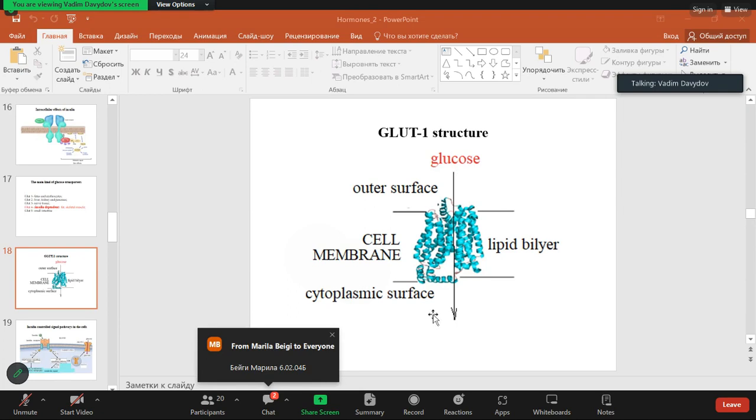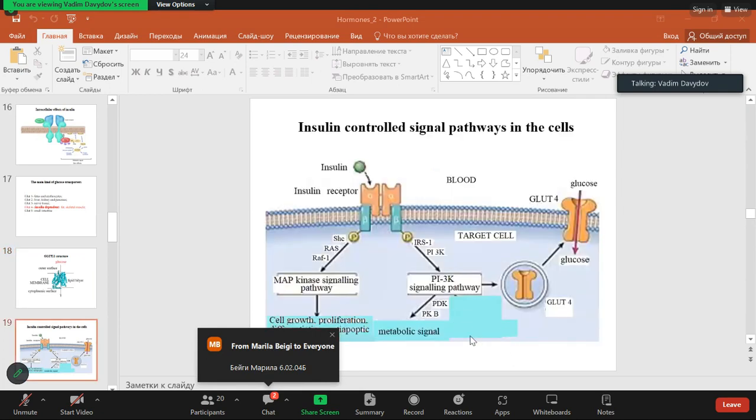And please note, GLUT4 may exist inside the cell in two conditions. The first condition is dissolved in the cytoplasm. Such a glucose transporter doesn't take part in the transport of glucose. But that glucose transporter may insert in the cell membrane and take part in the transport of glucose across the cell membrane.